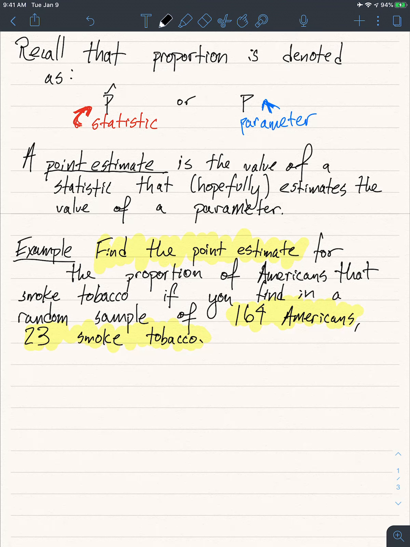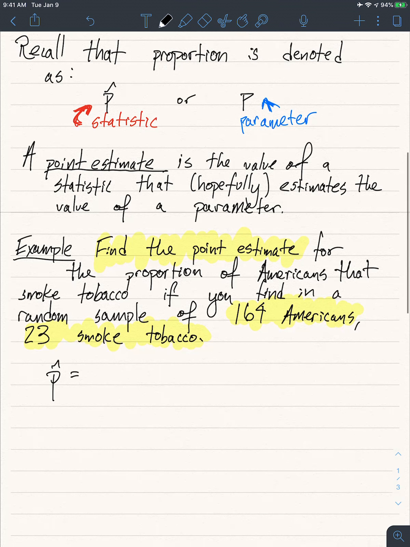Well, knowing that a point estimate is the value of a statistic that hopefully estimates the value of a parameter, we know that even though we only sampled 164 people, that's definitely fewer than all Americans out there, right? That's not everyone, so this is definitely a sample. So what we found, I'm using p hat as my statistic because it's a proportion and it's from a sample.